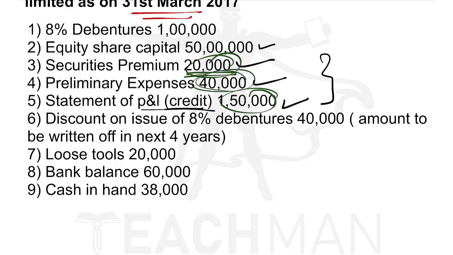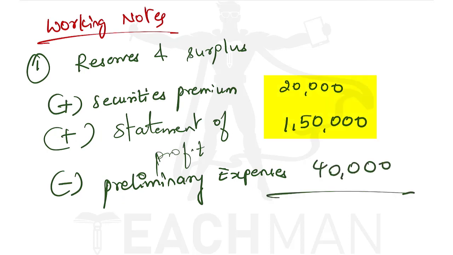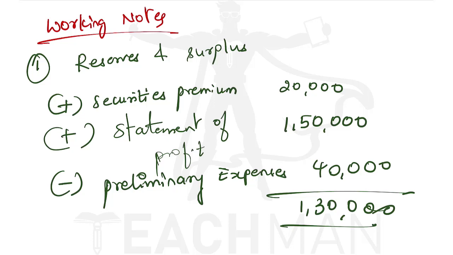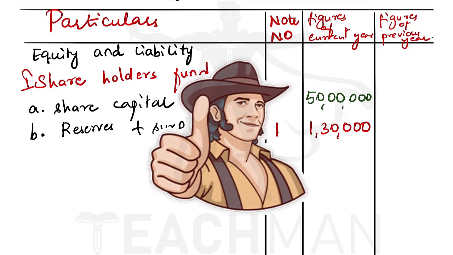Preliminary expenses is 40,000. So 20,000 plus 1,50,000 is 1,70,000 minus 40,000 is 1,30,000. So in the balance sheet, we will write note number 1 and amount as 1,30,000. Hope you have understood this.